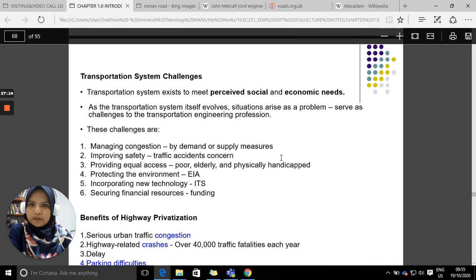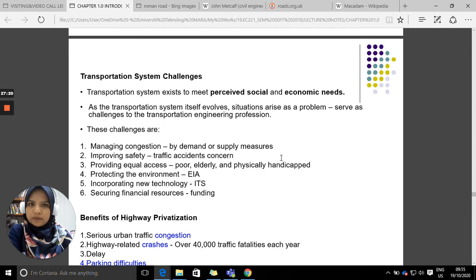Okay, so what are the challenges of transportation in Malaysia? Right, it's about how to meet the perceived social and economic needs. Right, it's about the attitude of the people in Malaysia, also the emergence of the economic issue. Right. So the challenges are such as managing the congestion, right? If you were to discuss about challenges in Malaysia, I think what will come to your mind will be all about traffic jam, traffic accidents, alright?